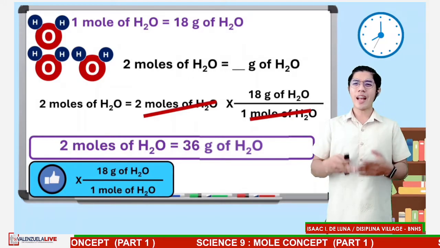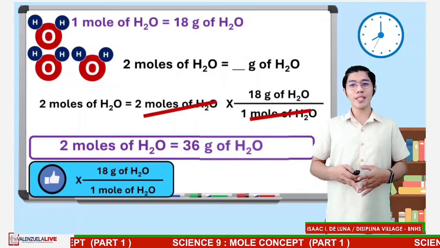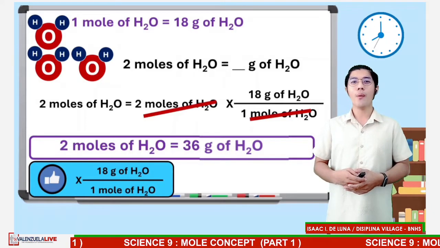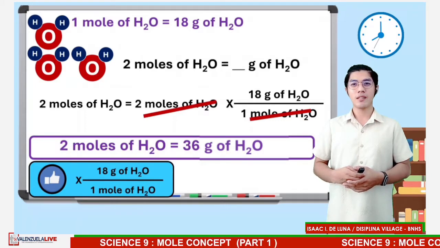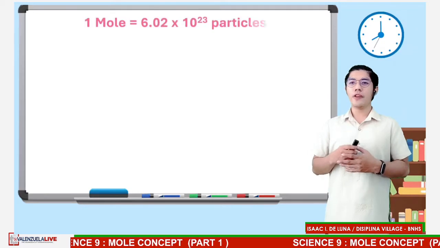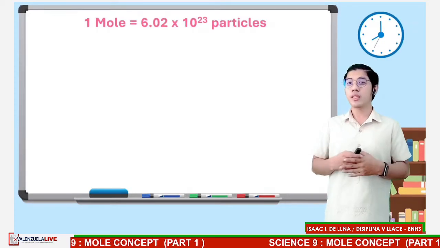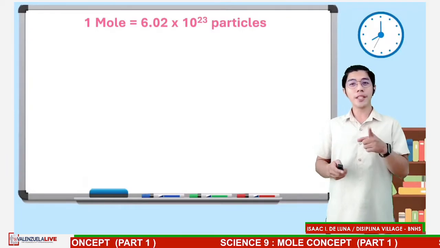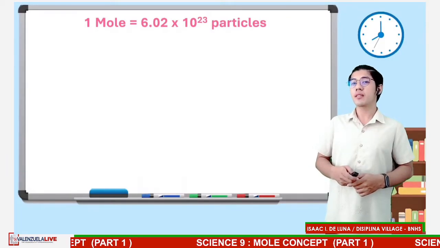Now, let's try to determine the number of molecules present in 36 grams of water. We already know that 1 mole of any substance is equivalent to 6.02 times 10 raised to the 23rd power particles of that substance.